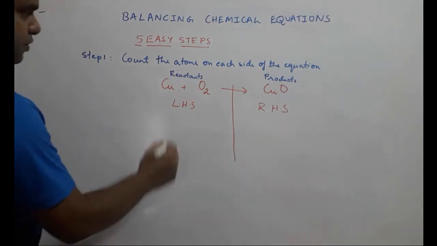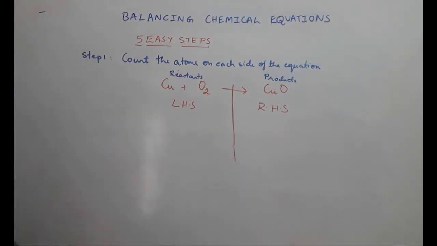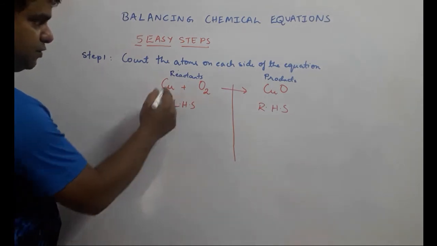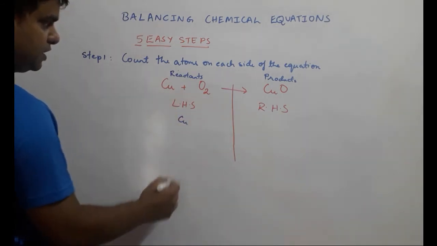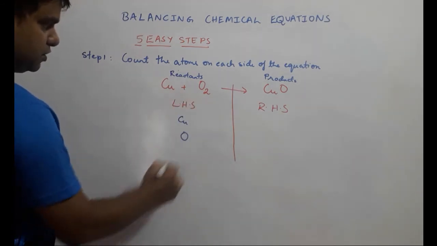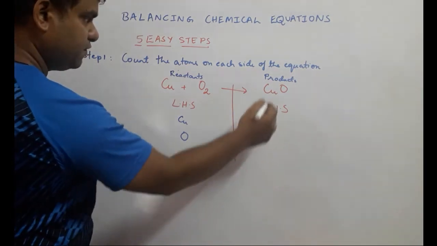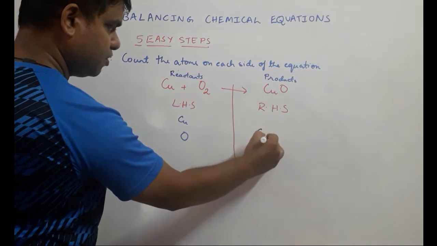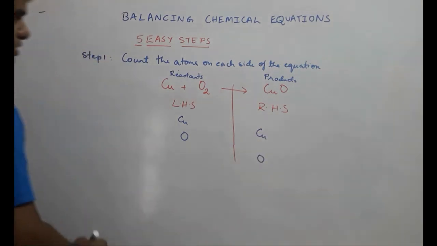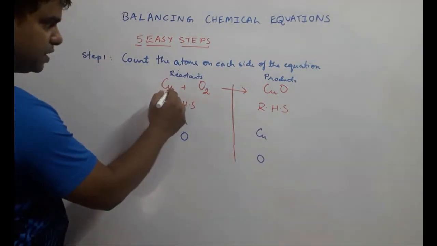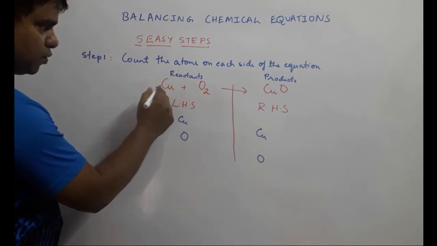Now we need to count the atoms. Before that, we need to see how many elements there are. You have copper on the left hand side and you have oxygen. On the right hand side, again you have copper and you have oxygen. How many atoms of copper are there on the left hand side? 1.